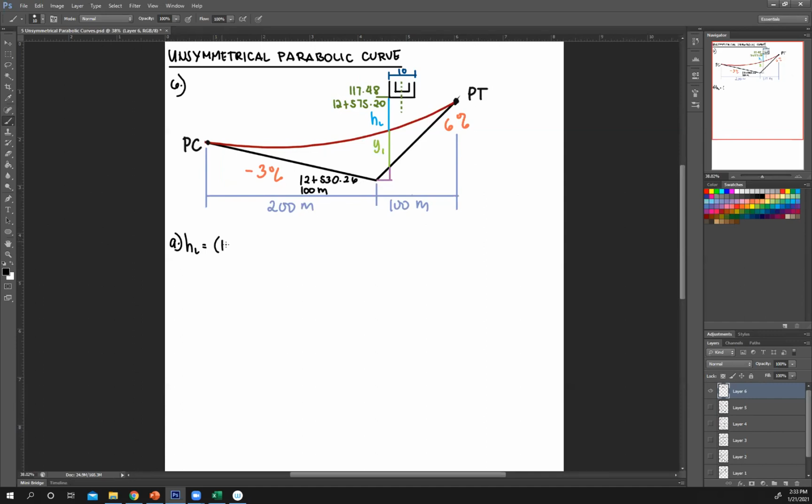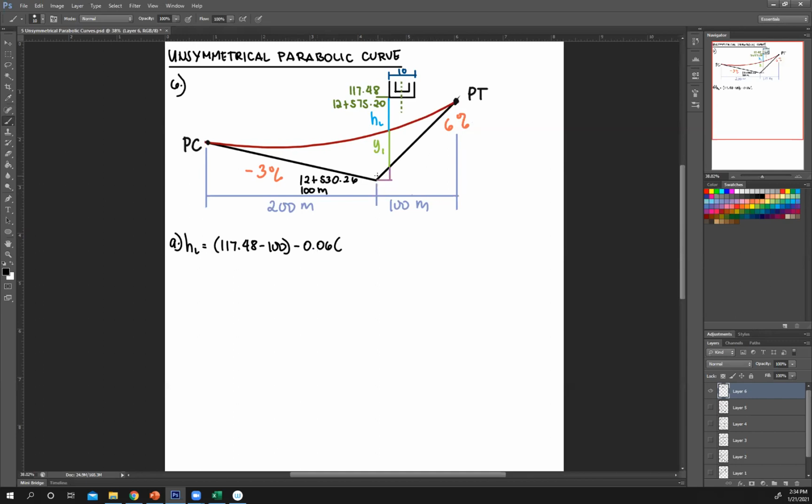So that's just 117.48 minus 100, minus, again our goal is to get this, so I'm going to subtract the height of your right triangle. Using your grade of 6%, it's 0.06 times this run.